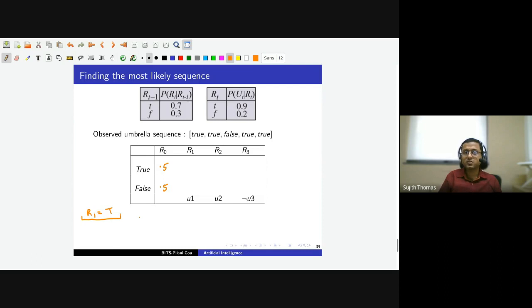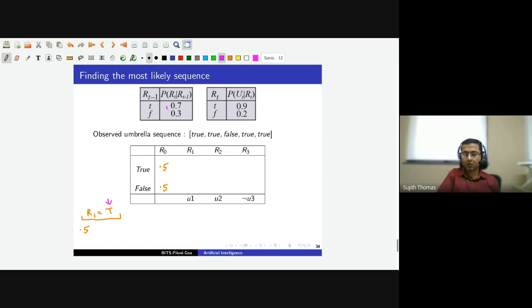For each of these possibilities, we have to find the joint probability. So let us first assume that R0 is equal to true. We have the prior probability 0.5. R0 is true, and we are assuming R1 is true. So the transition is from true to true.